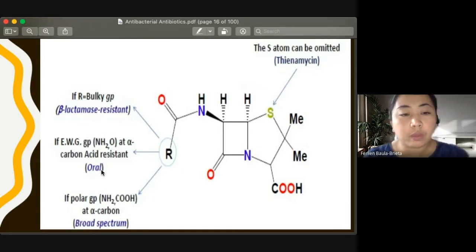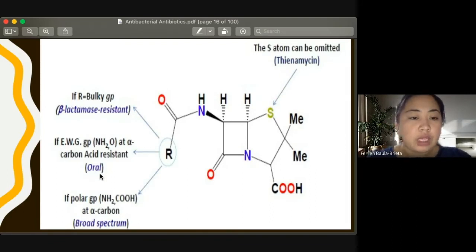It won't be deactivated by our gastric juices, so it favors oral administration. Kung absent siya dyan, the presence of an electron withdrawing group, that's the time na we will give it via IV.